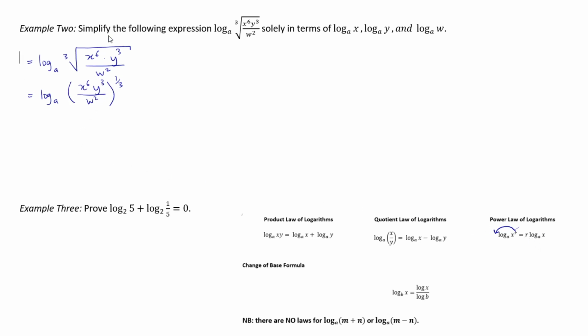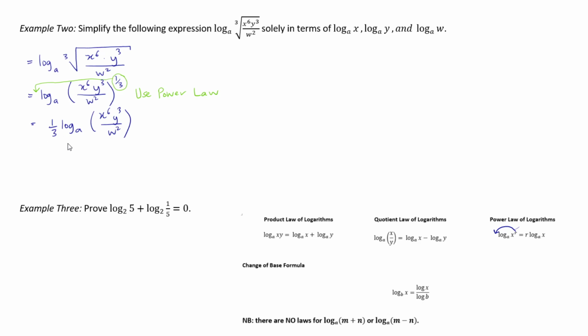So we're going to take this 1 over 3 and bring it down in front as the coefficient. I'm going to use the power law. Okay, so we're starting to simplify this by using a power law. And so we write 1 over 3 log base a of x to the 6 y cubed all over w squared. Great, so I no longer have that exponent. That's been brought in front.